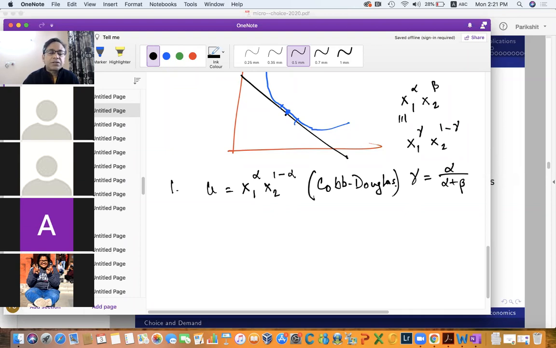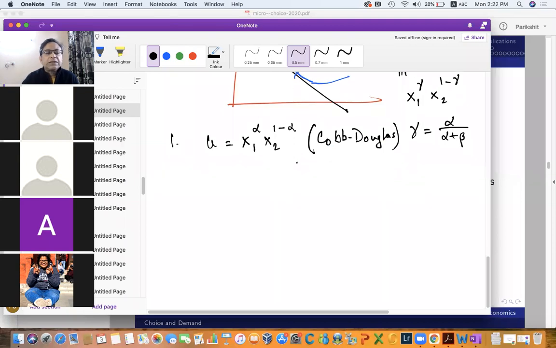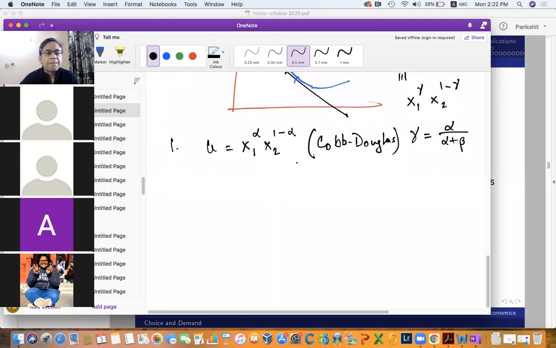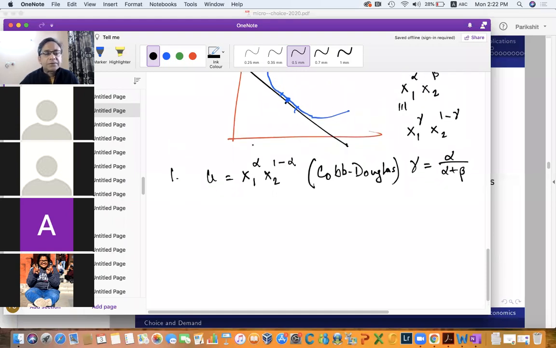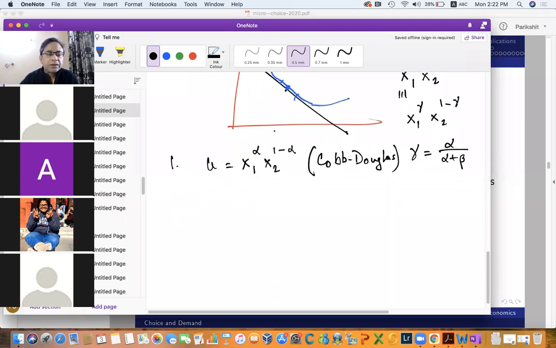If a consumer has this utility function, what will be the optimal choice of this consumer? Now, you can set up the Lagrangian, etc. First, let's ask the question: will the optimum choice always be interior? Yes, sir, in this case it should be interior. Why? If x1 is 0, then the whole utility becomes 0.